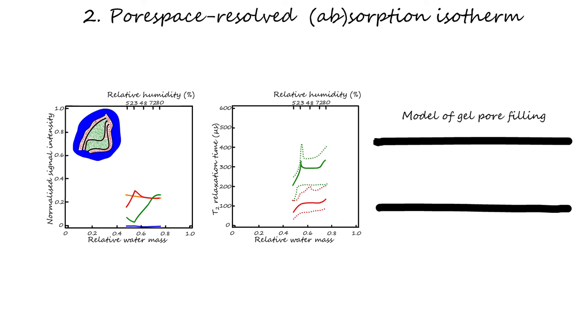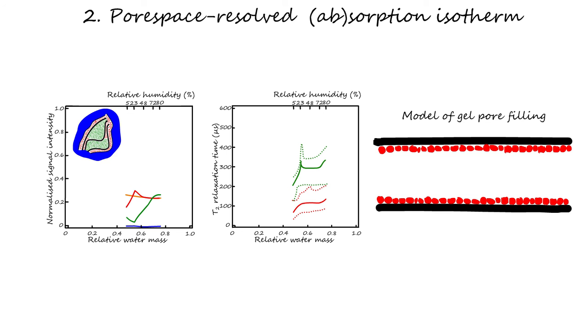As the relative humidity increases, the surface of the empty gel pore is covered by a monolayer of water first. This has two effects. As we have already proposed previously, this monolayer is seen as interlayer water by the NMR and therefore shown in red. This leads to an increase of the interlayer water population.